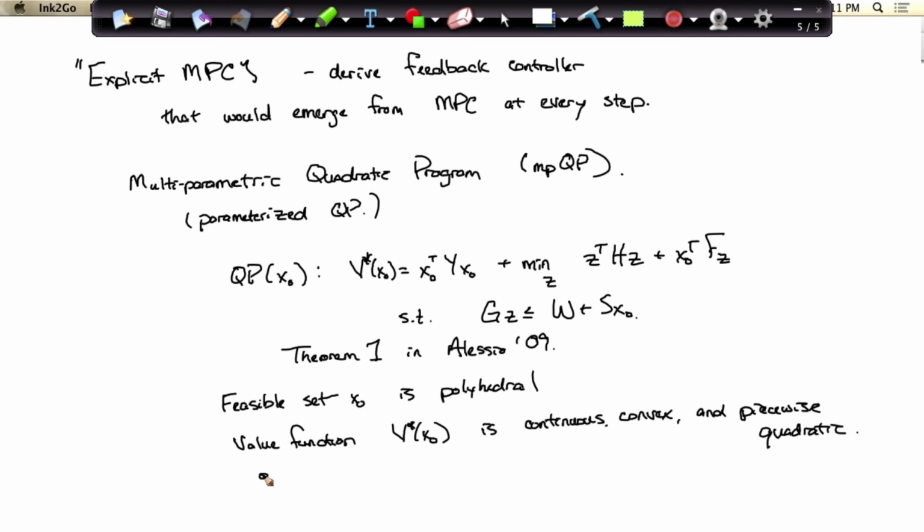And the optimizer, z star, which is a function of x0 now, is continuous and piecewise affine. I'm going to show you pictures that make this click, I hope.